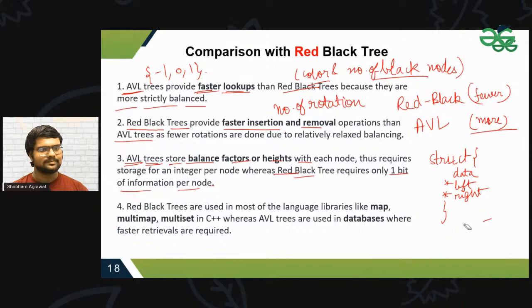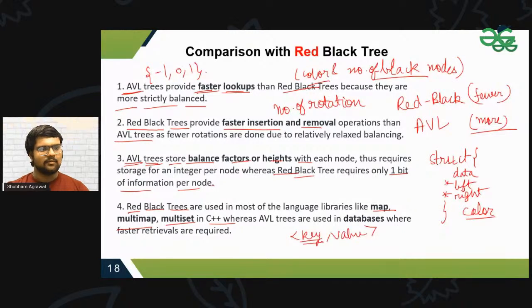Red black trees are used in map, multi-map and multi-set in C++. So we have libraries like map and multi-map in which red black trees are used. Map is a data structure in which we store the data in the form of key comma value, and we retrieve the data using the key.